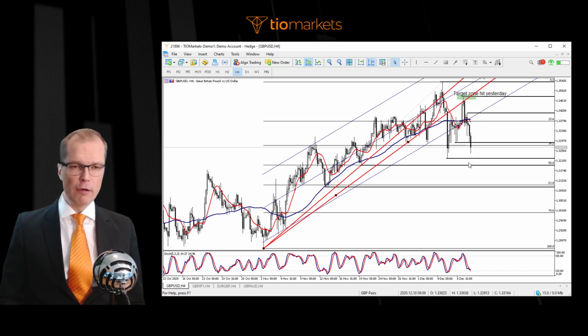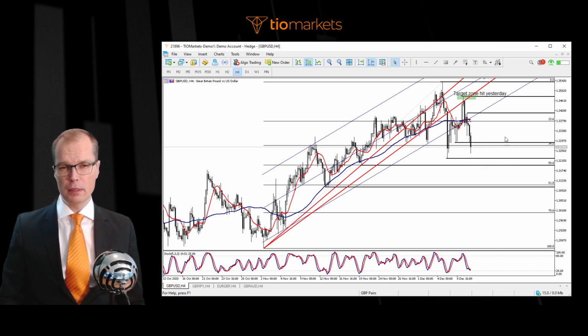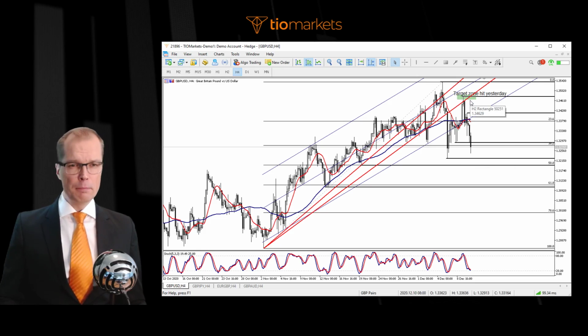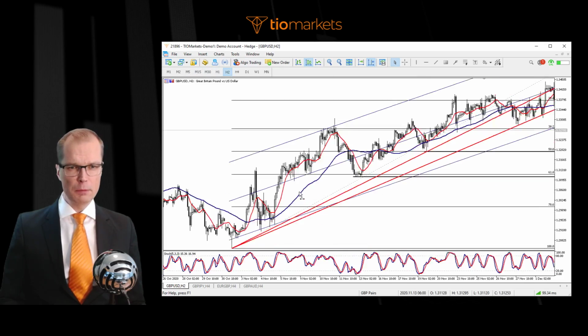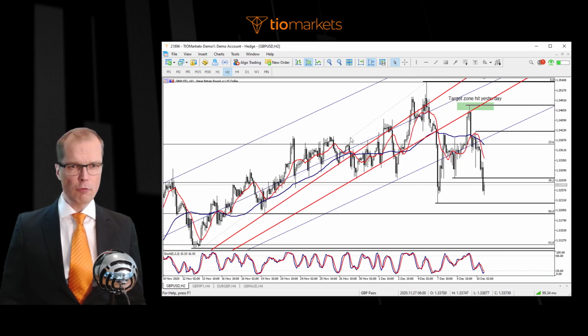And now we have price collapsing, trading close to the supports, or maybe I should say it's not collapsing at the moment because it's reacting higher from the proximity of this support here, but it collapsed from our zone. What's interesting is that if we go back to the 2-hour chart, we have a little bit more granular picture.